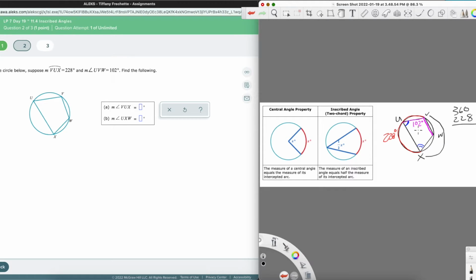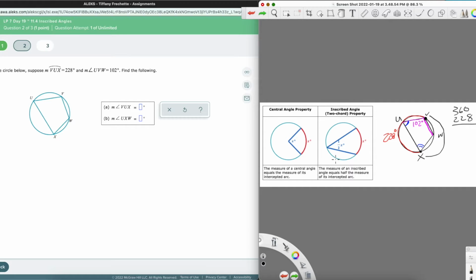So I can definitely figure that out very quickly. And why do I want to figure that out? Well, here's an endpoint, and here's an endpoint to the first angle they're asking me for. So if I know this arc, I can apply that rule right there. If I divide the arc by 2, I'll find the angle of that inscribed angle. So I just have to learn to pay attention a little bit to how I apply one of these 2 rules.